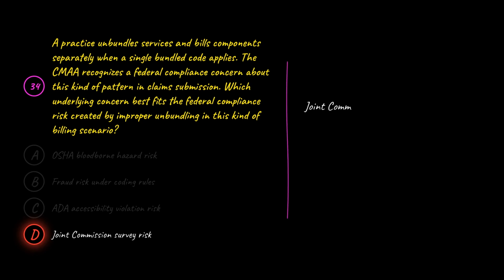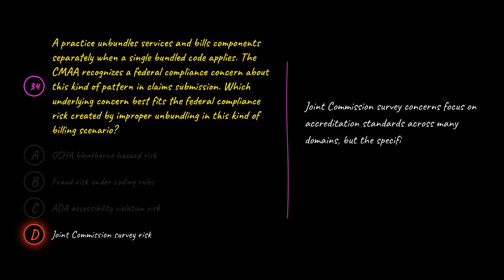D is wrong because Joint Commission survey concerns focus on accreditation standards across many domains, but the specific compliance risk from unbundling falls under federal coding rules and the False Claims Act framework instead.